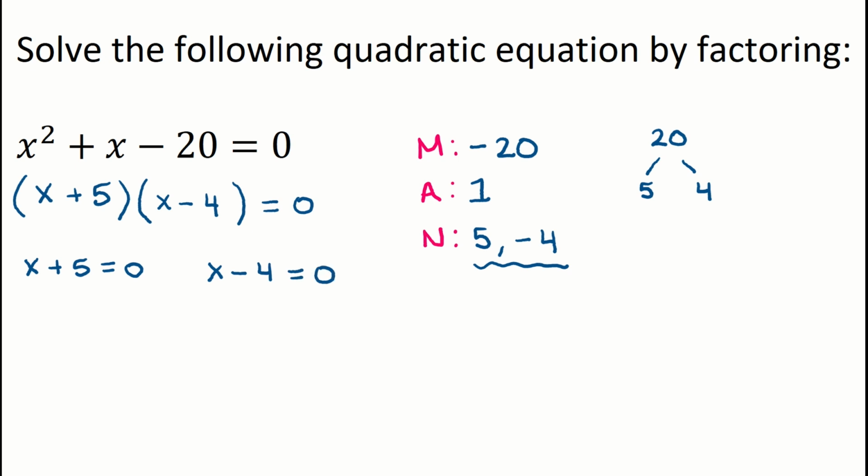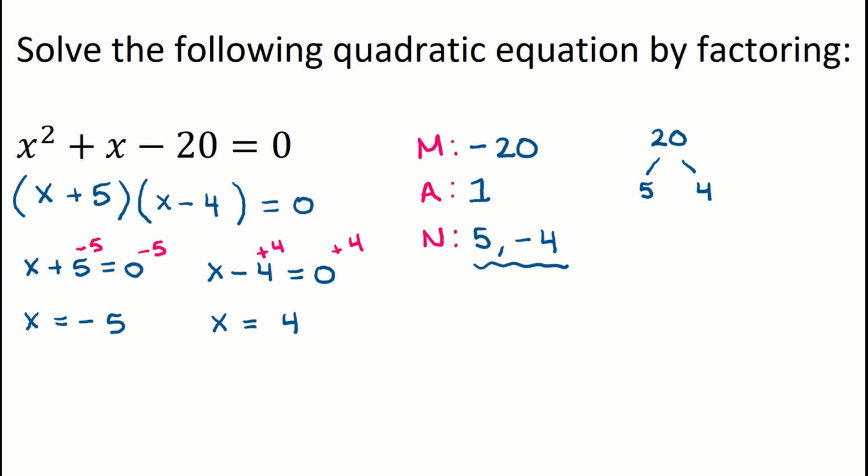And then you can solve for x by, for the first one, subtracting 5 from both sides, which gives you x is equal to negative 5. And for the next one, we can add 4 to both sides. And that will give you x is equal to positive 4.